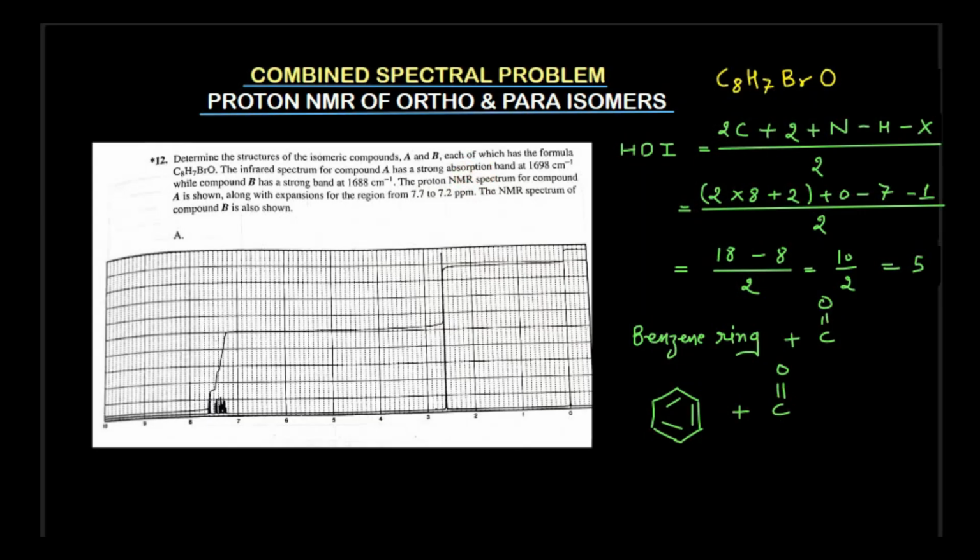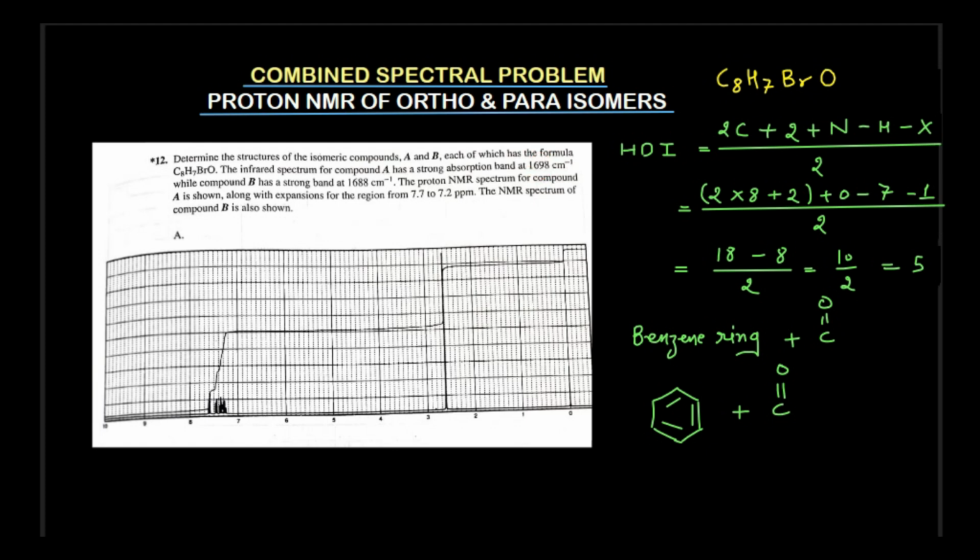In compound A, it is resonating at 1698 cm inverse, and in compound B, at 1688 cm inverse. That means a little lower frequency, so to stretch this carbonyl bond we require a little lower energy for compound B compared to compound A, because 1698 cm inverse corresponds to a little higher energy, right?